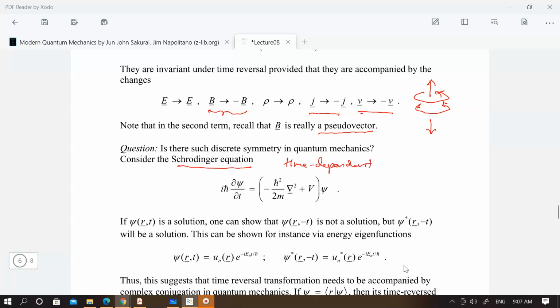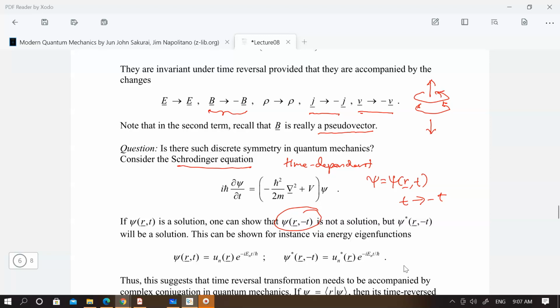Okay, so if you look at this, your psi will be a function of r and t. So if one tries to change t goes to minus t, then one should get this function. But this function will not give you a solution of this equation.